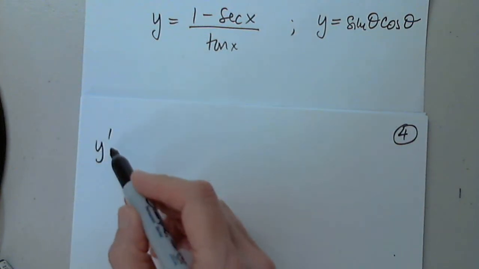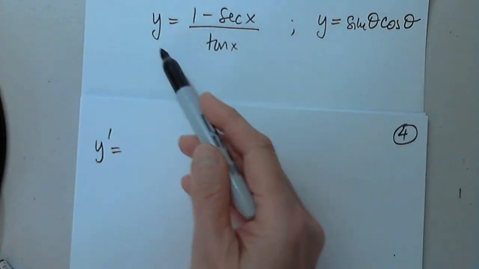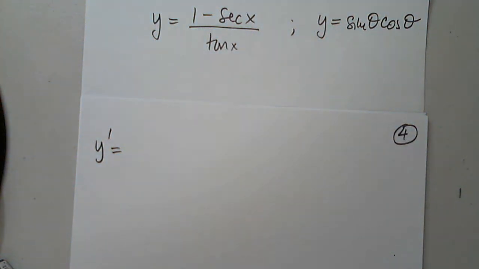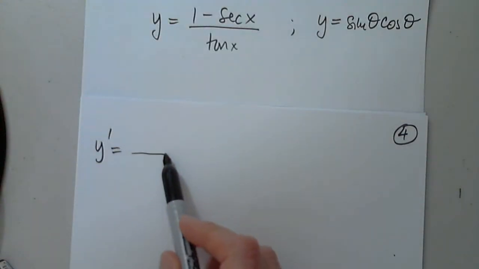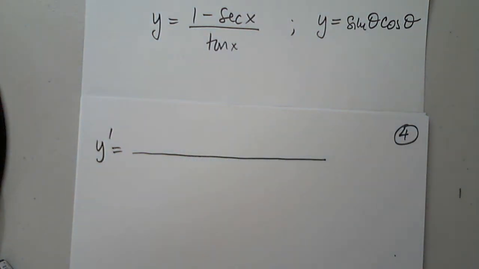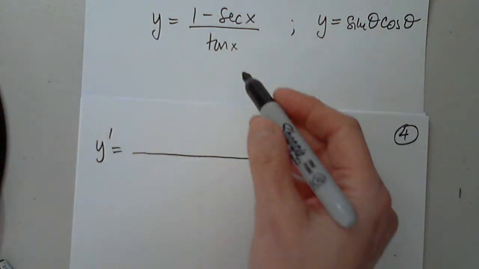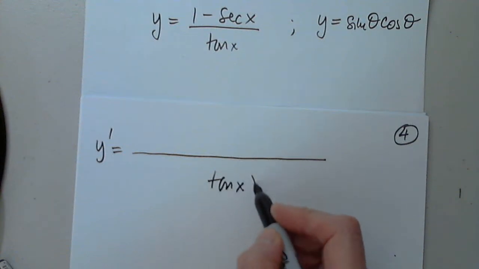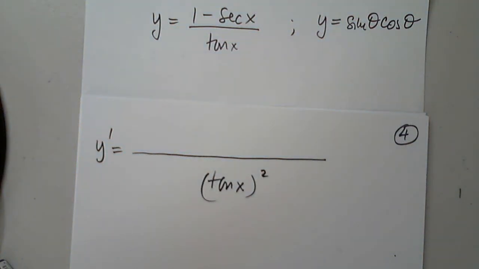So can anyone tell us what we need to use to differentiate this function? Quotient rule. Very good, thank you very much. Can anyone help? I'll help with the denominator. Can anyone tell us the derivative of the top?